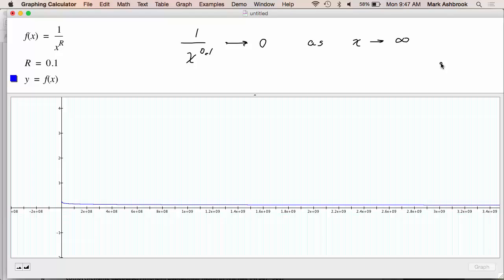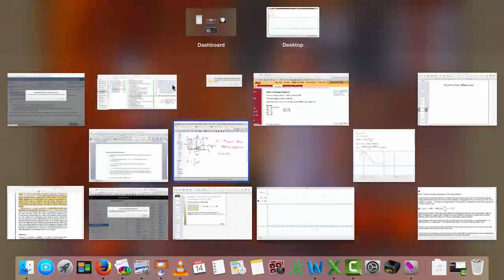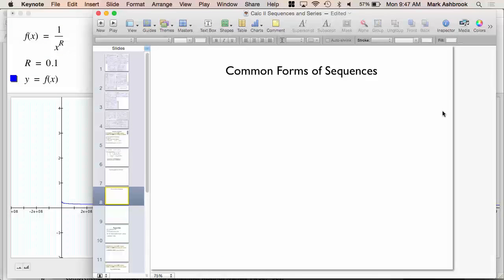Okay, so what does r need to be for 1 over n to the r to converge? Yeah, greater than 0. So our first type of sequence, 1 over n to the r: the limit as n goes to infinity of 1 over n to the r equals 0 as long as r is greater than 0.